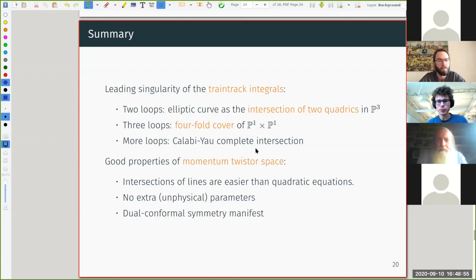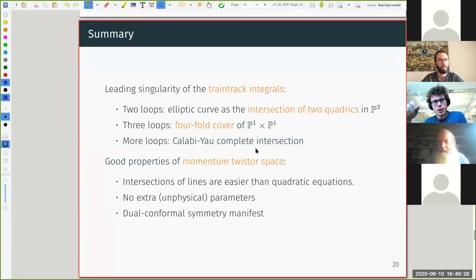Okay, so why was it nice to do this in momentum twistor space? Or what was the usefulness of not introducing these Feynman parameters? One point is that all we ever have to deal with is intersections of lines. That's nice, because I guess linear equations are a bit easier than quadratic equations, but of course it comes at the cost of having to impose many of them.